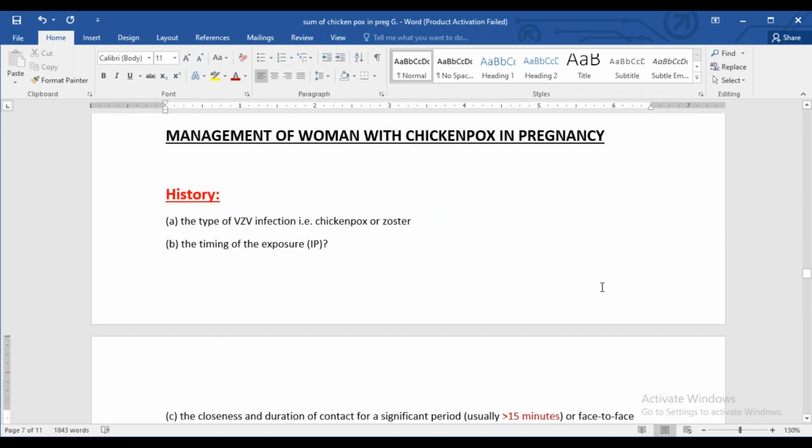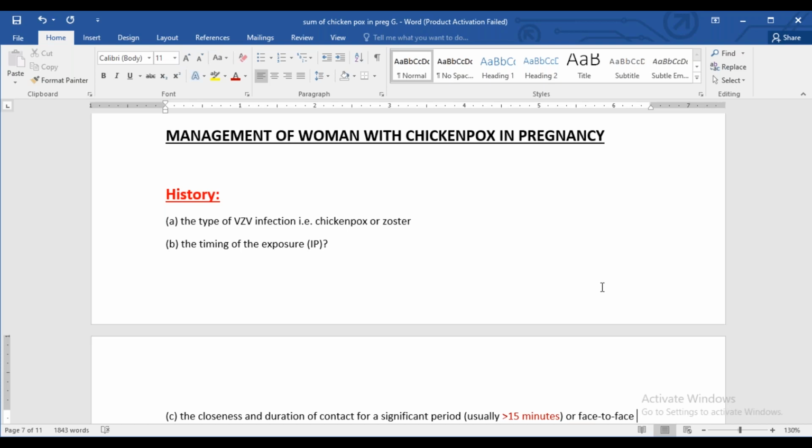Okay, we come now to the most important part, the management of the woman with chickenpox in pregnancy. Here you have to separate two cases from each other in order not to confuse yourself. Either the patient comes to you and says she has been exposed to infection but has not yet developed symptoms, or the patient comes to you with rash, with clinical manifestations of the disease.